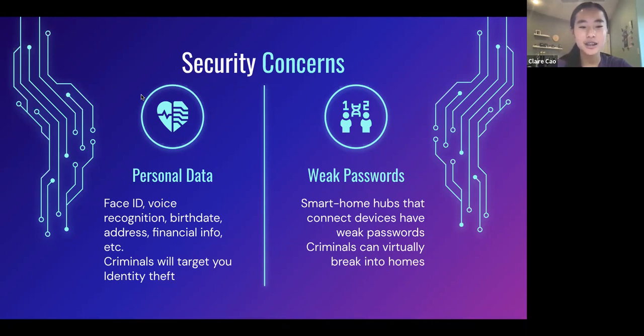Okay, and another major concern is weak passwords. A lot of people using smart devices like the Samsung refrigerators, the automated lights, and Alexas have them all connected using a smart home hub with weak passwords.